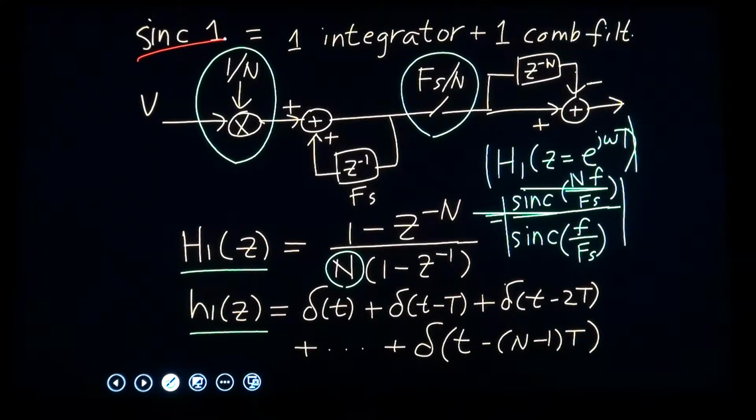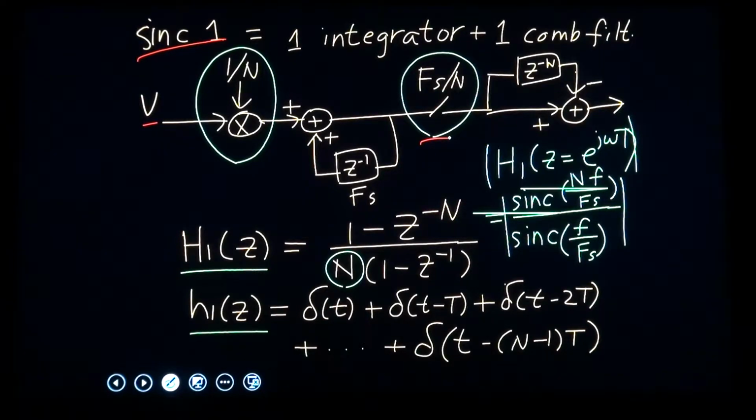So this V is the delta sigma modulator output, and then we have a normalization, and then 1 over n is multiplied to V, and then it passes through a non-delaying integrator, and then it's downsampled by n here, and then this is a comb filter.